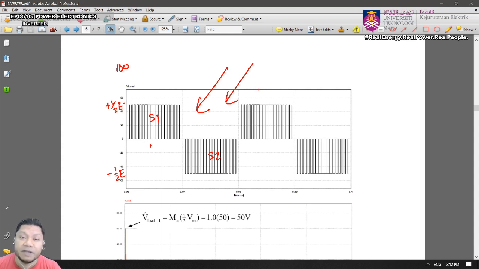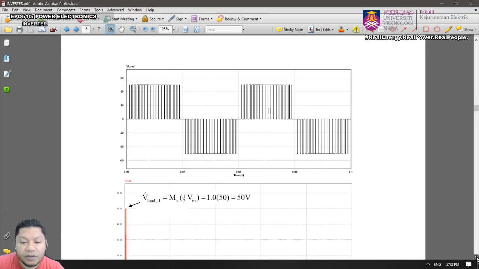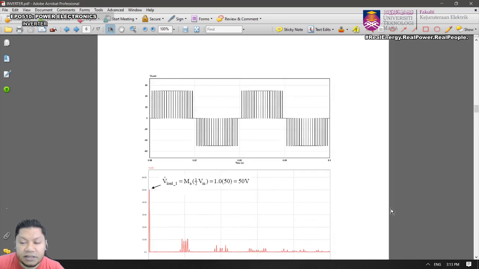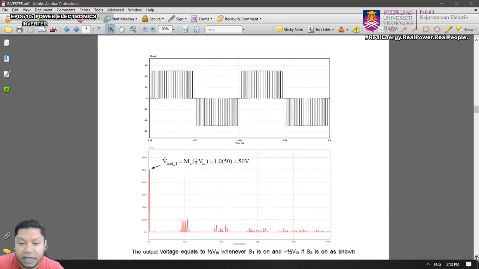is that if you look at the harmonics of this waveform, then you see that it consists of a fundamental. Perform the Fourier analysis.